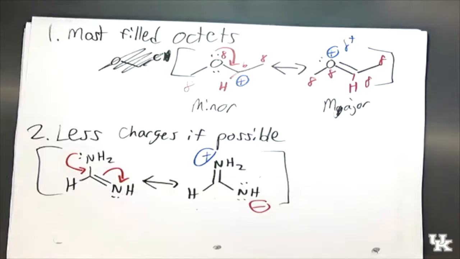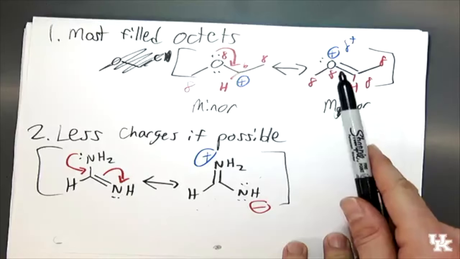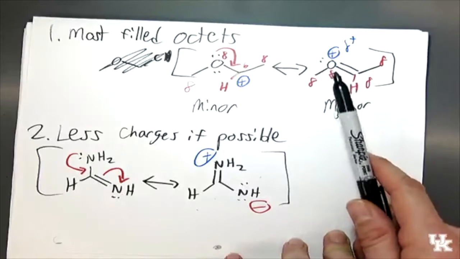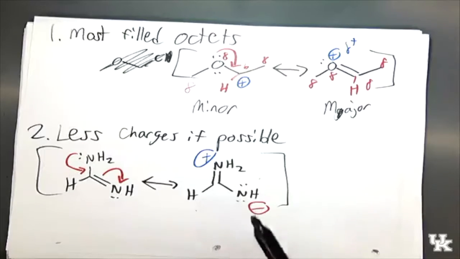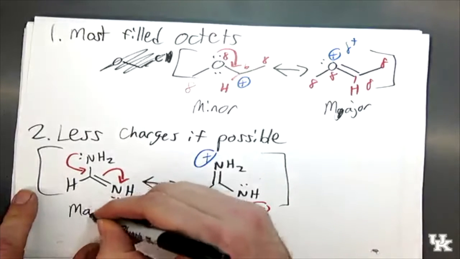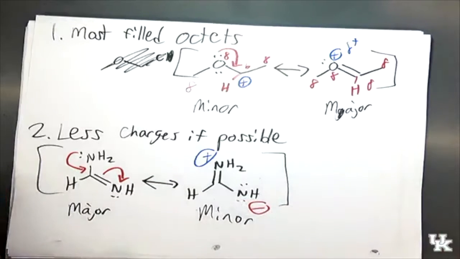Maybe in some special cases like above, the positively charged oxygen, which is weird, is favored. But in general, when you're making a resonance structure, if you're choosing between neutral or charged, the neutral one should be the major contributor. We're going to learn a lot of stuff this semester. Maybe you'll see an exception, but this is the rule.